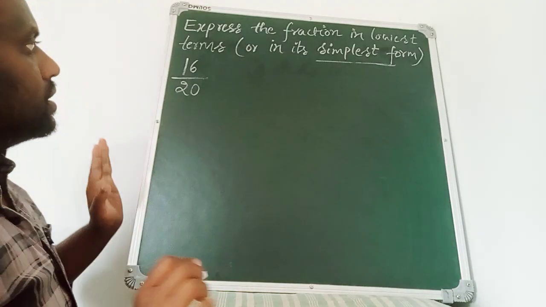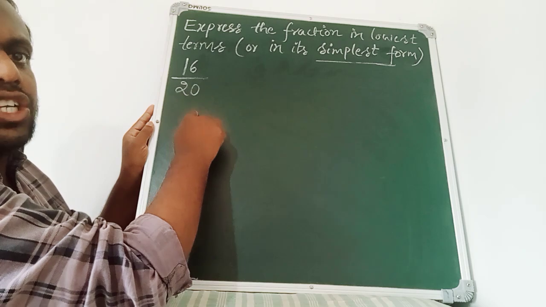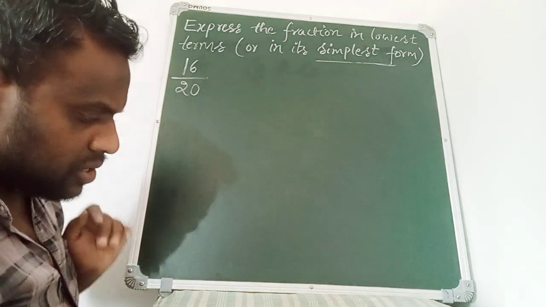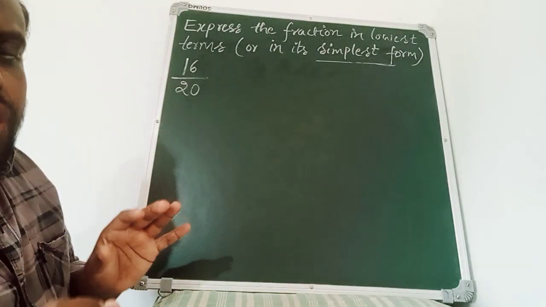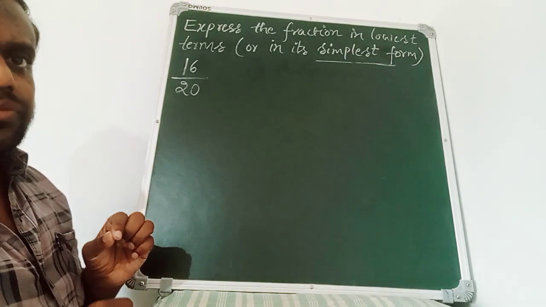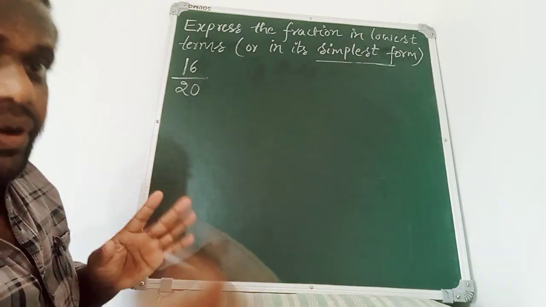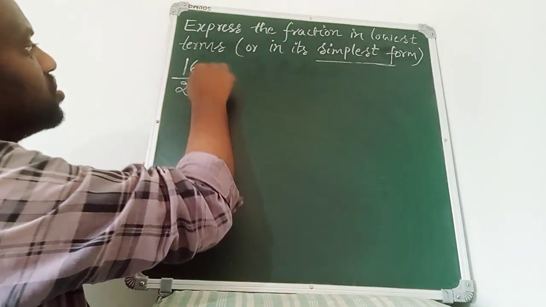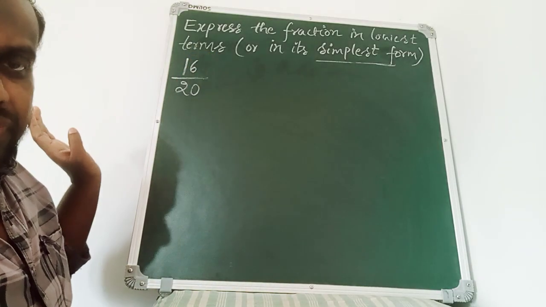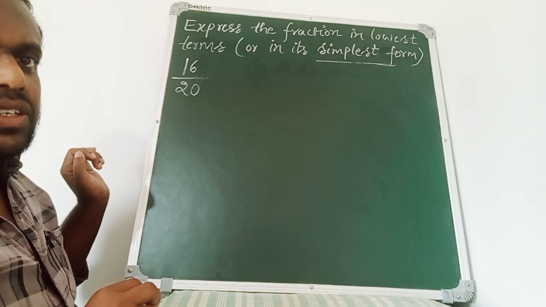Now this is the fraction, and we have to express it in its simplest form. The first thing you have to do is think about a number that divides both 16 and 20 completely. There should not be any remainder.